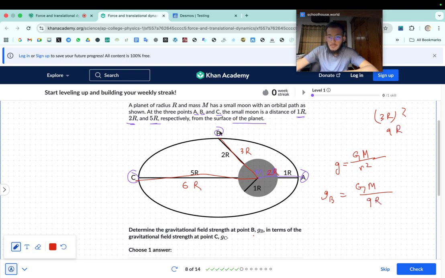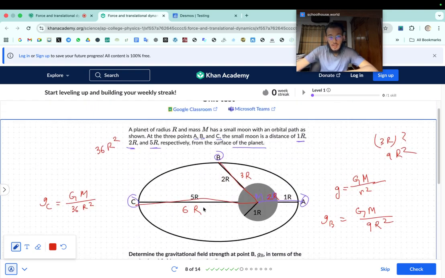So this is gB. For C we have GM divided by 6r squared, and 6 squared is 36, so 36r squared.